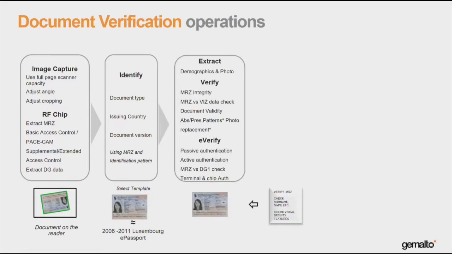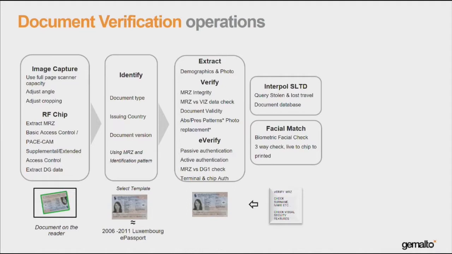That's where we get into needing to do document verification, where we use the extracted data to do numerous verifications. That's on the MRZ, checking the document validity, looking at the various security features in the document. Included in this area, and very important, is verifying the ePassport information, doing all the cryptographic checks for an ePassport.